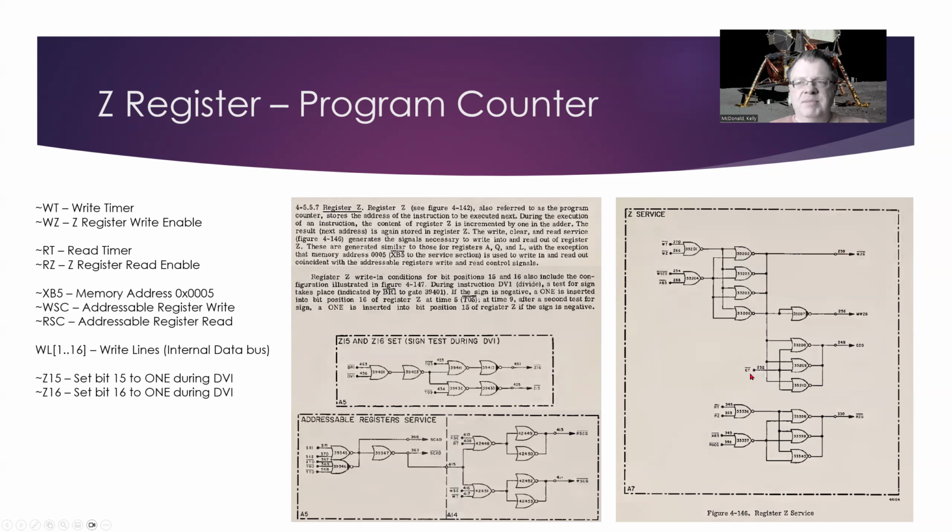Now, because of the way the Apollo guidance computer was built with flip-flops and discrete logic gates, basically every write signal is preceded with a clear signal. So it'll clear the contents of the particular flip-flop combination before it writes the data in.